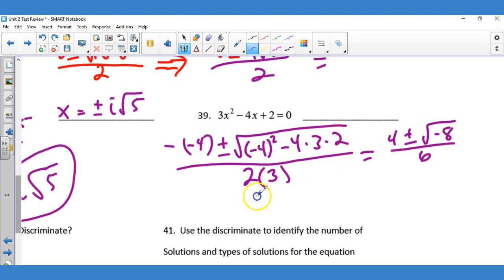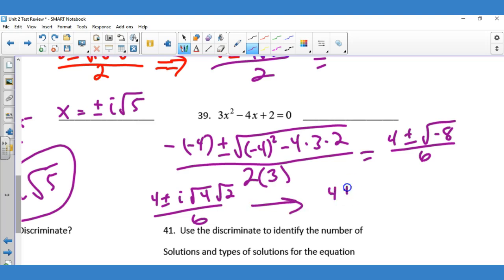And that negative, guys, I'm going to pull that out. That's i. So 4 plus or minus i, square root of 4, square root of 2, because that's 8 right there, all over 6. So let's simplify it all the way. 4 plus or minus the square root of 4 is 2, i square root of 2 over 6.